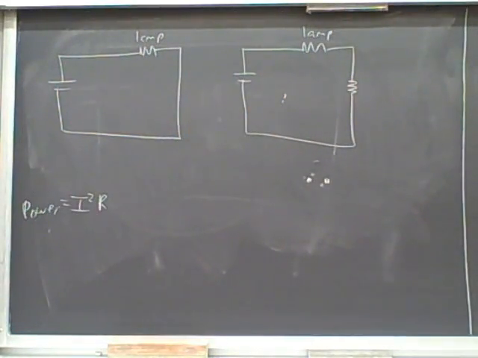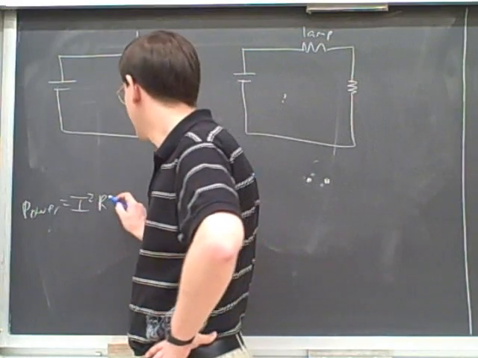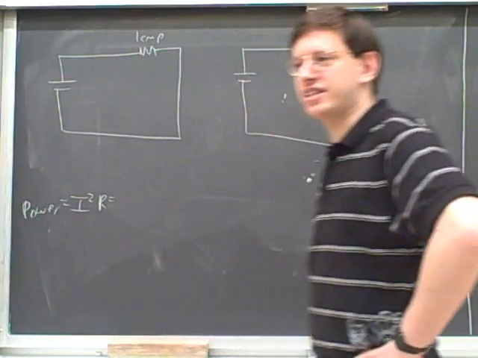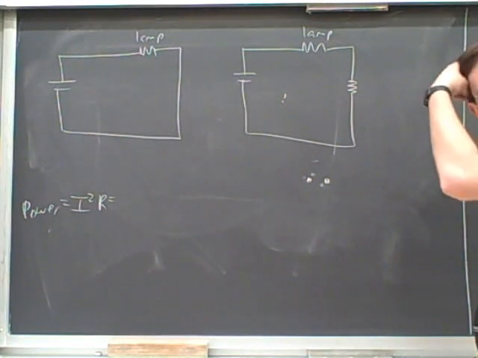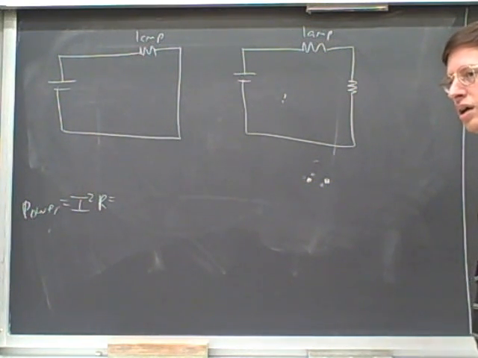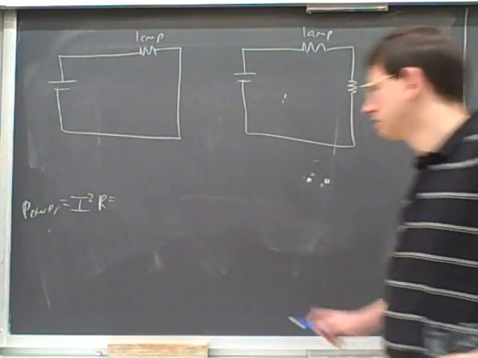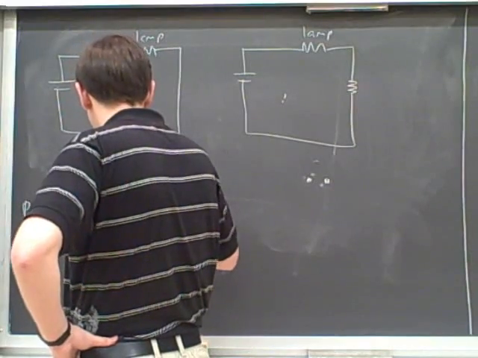Do you have a cheat sheet you've started working out? V squared over R. And there's one more, IV.